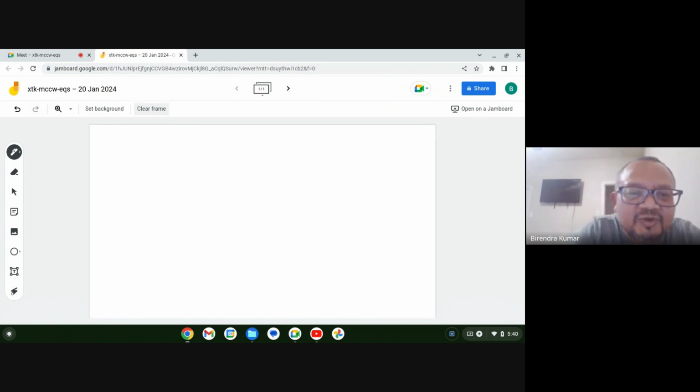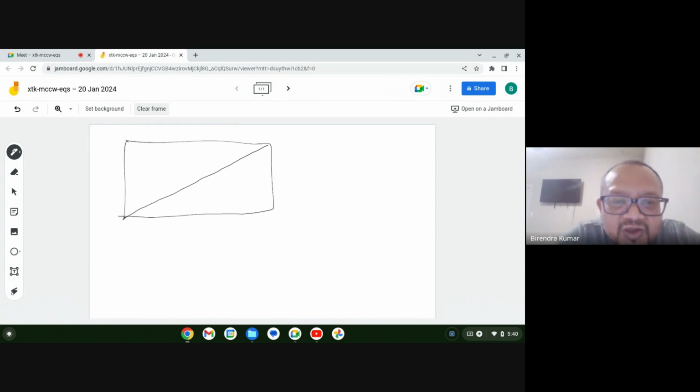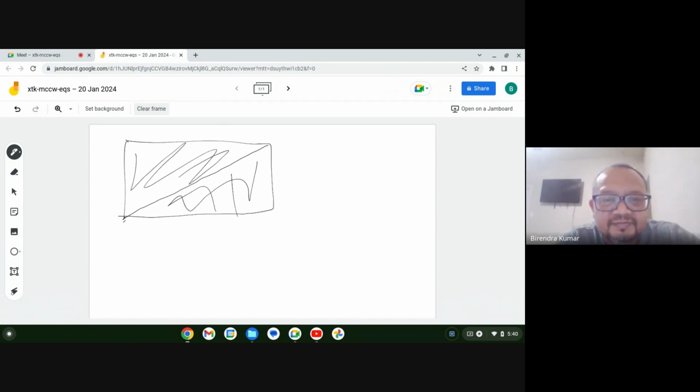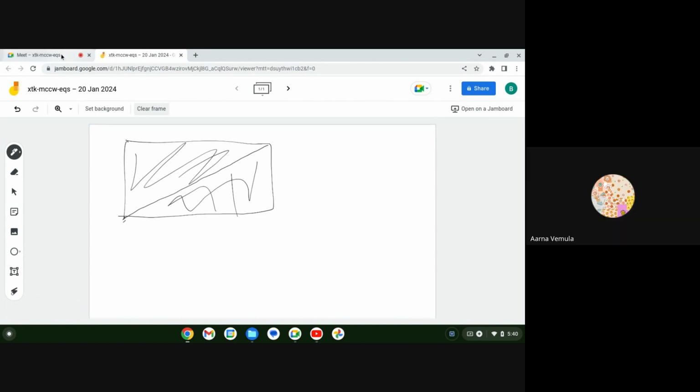Let me make it more clear for you guys. This is a rectangle. I'm joining these two corners. This splits the rectangle into two parts. This is one part and this is another part. Are you guys with me? These two parts are actually the same.